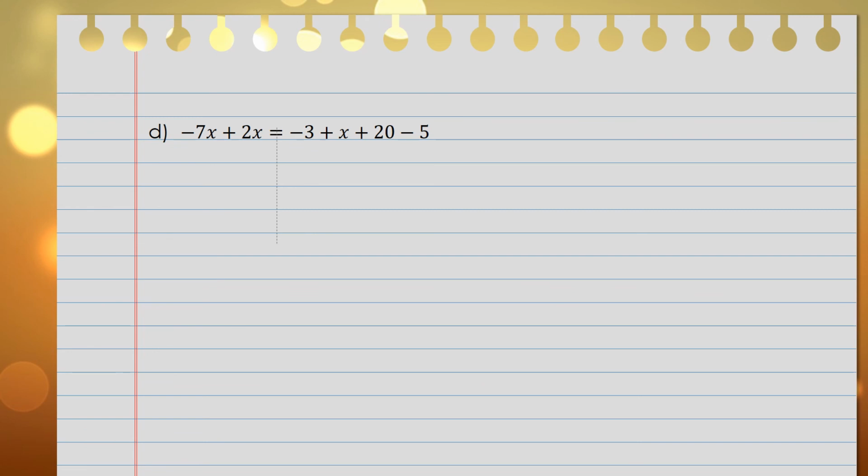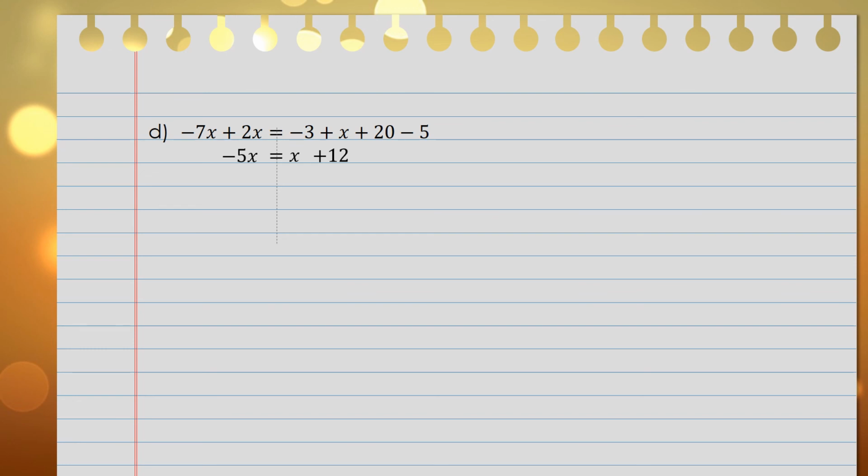Negative 7x plus 2x can combine to give you negative 5x. On the right side, you have just x's, nothing else to combine with, but you do have several constants. Negative 3 plus 20 minus 5 does combine to give you a positive 12. So we've done step 1 by simplifying each side.